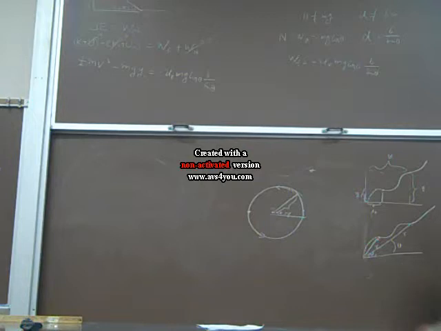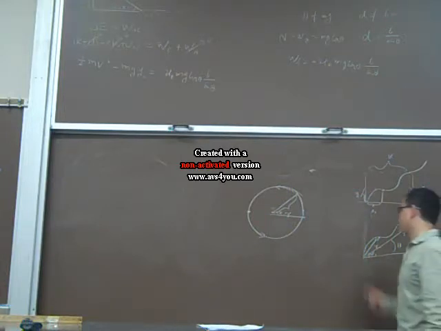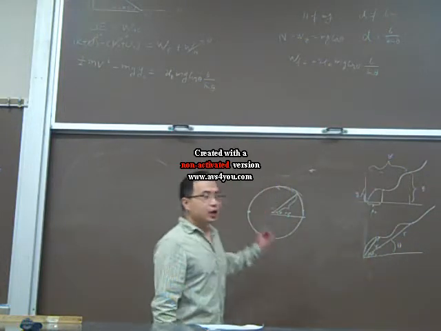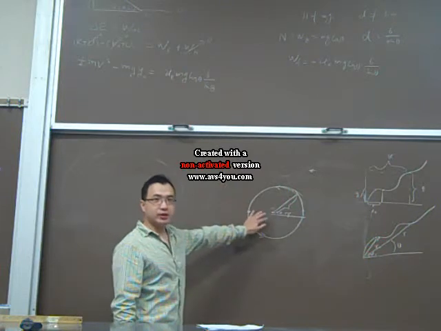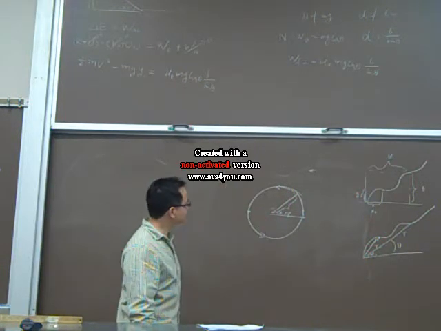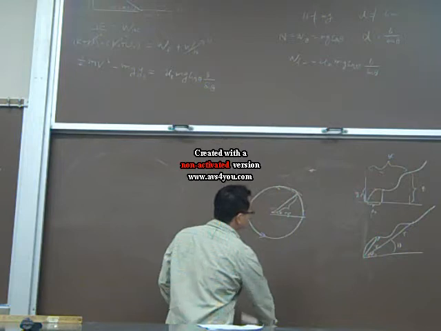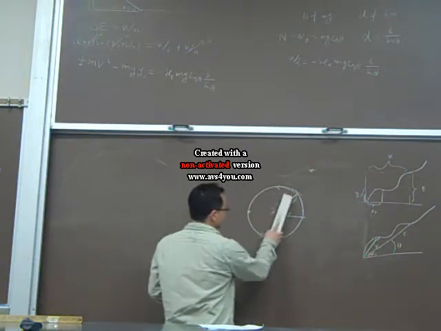In fact, this one is a better description in general, because this arrow is exactly the same as our displacement arrow, the vector we introduced before. But it's even better if you look at circular motion.